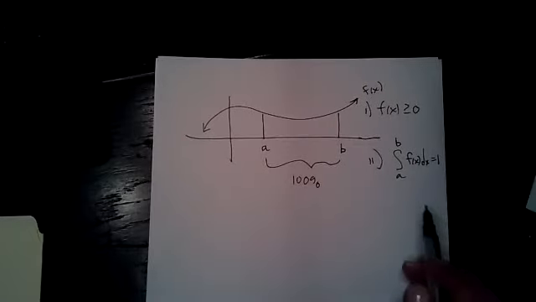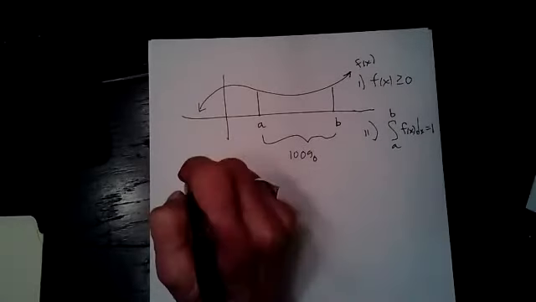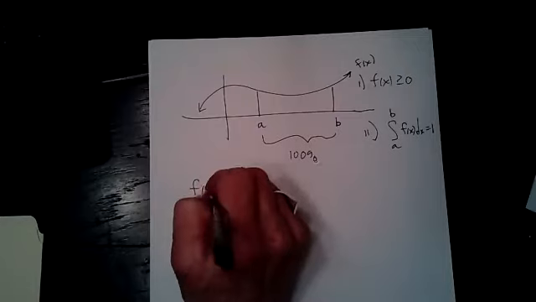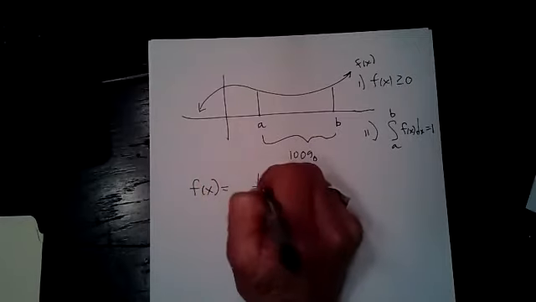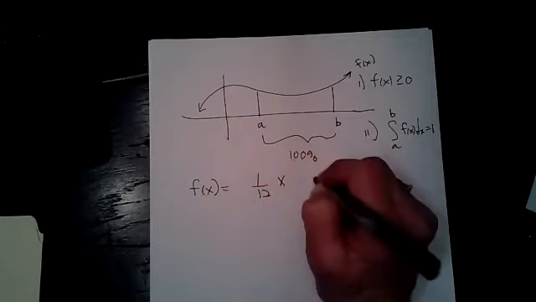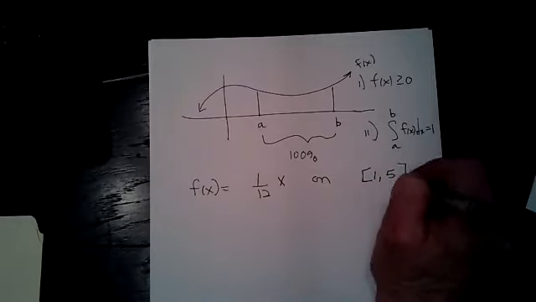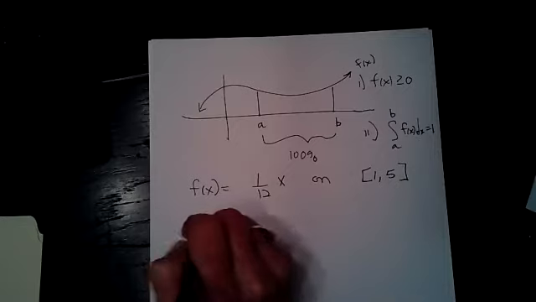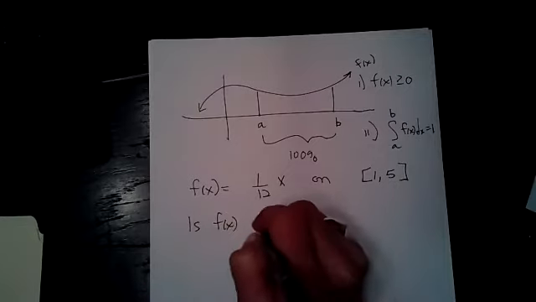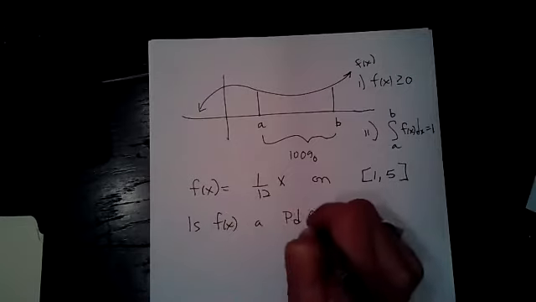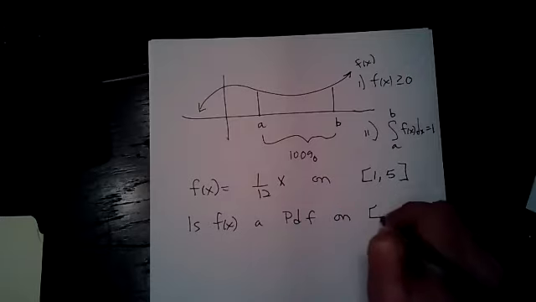So if I gave you a function, f of x is 1 over 12 times x on the interval from 1 to 5, and I ask you, is f a PDF on the interval?